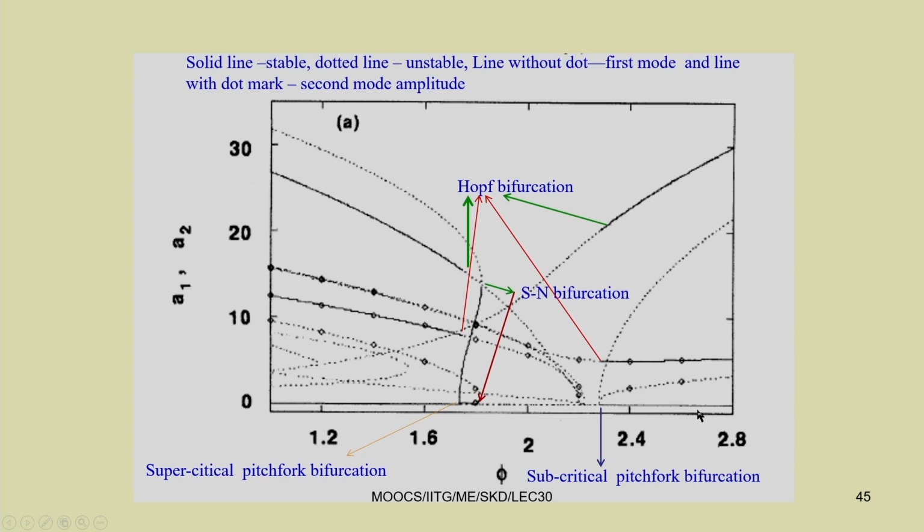To plot this bifurcation diagram or frequency response, you have to solve these equations. For example, in this case we have 4 reduced equations with A1 dot, gamma 1 dot, A2 dot and gamma 2 dot. These 4 equations are functions of A1, A2, gamma 1, gamma 2 and the detuning parameter sigma. Similarly these are F1, G1, F2 and G2.